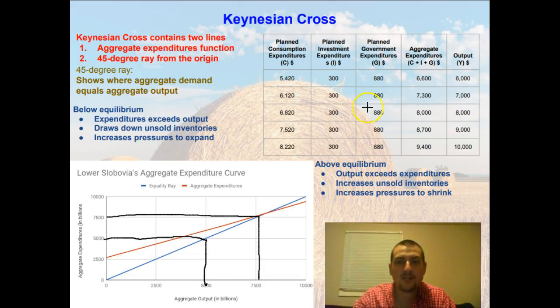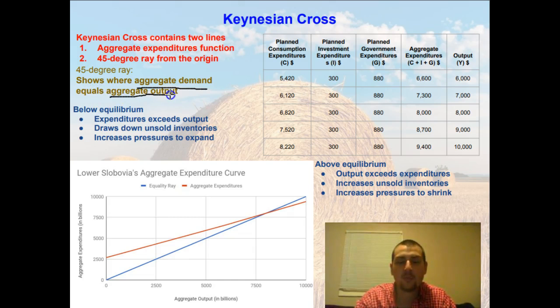So what is this ray doing? This 45-degree ray coming out of the origin, what is it doing? It's basically just showing us where aggregate demand equals aggregate output. And we know that the nation's product market is in equilibrium when the aggregate output equals this aggregate expenditures. So it's showing where this aggregate expenditures, not demand, but aggregate expenditures equals that aggregate output.